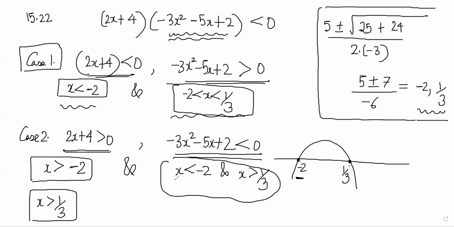It is not possible if x is less than -2, because obviously that is a contradiction. But it is possible in this region because this is satisfied and this is satisfied. So what is the answer for the inequality then? X is greater than 1/3.